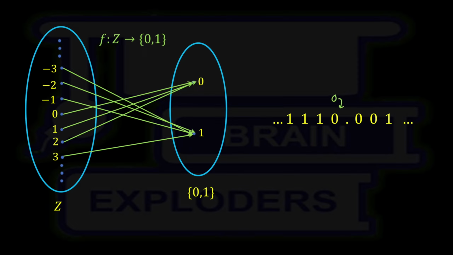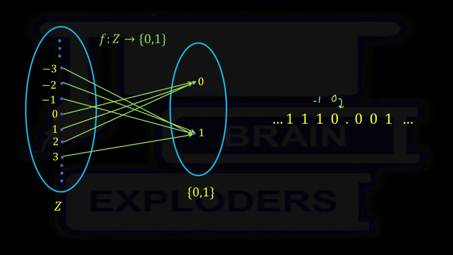Since -1 is connected to 1, you can see that under -1 we have 1. So in this way every function will give us one binary representation, and every binary representation gives us one function. So one function means one real number, and one real number means one function.